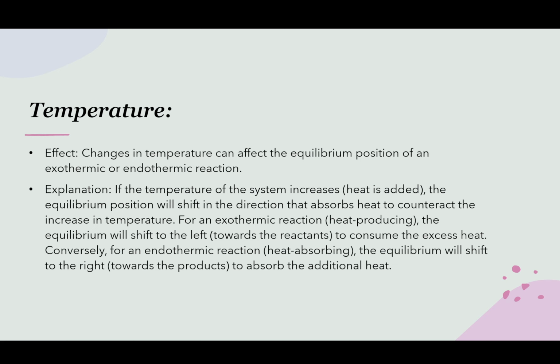Sure. So for an exothermic reaction, the equilibrium will shift to the left to consume the excess heat. So if we have A in equilibrium with B, and our enthalpy change is negative, because it's exothermic, our equilibrium will shift to the left to consume some of the heat.